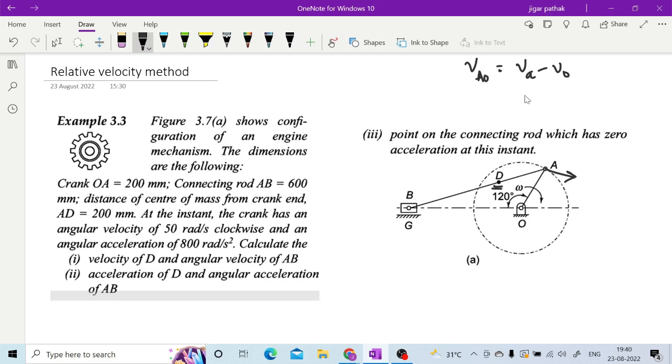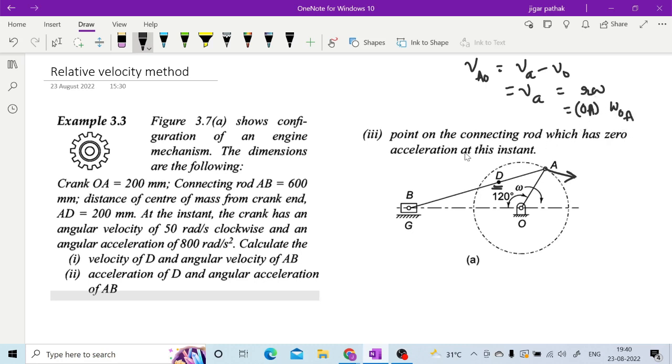But as the point O is fixed, VAO you can directly mention as VA only, which is nothing but R omega, right? Do you know the link length OA? Yes, that is nothing but R, right? And omega at which this crank is rotating is given, right? That omega of OA is also given.